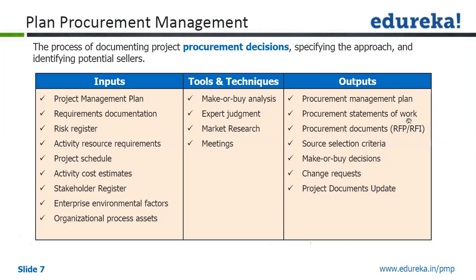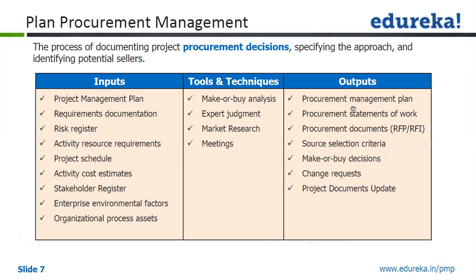That is procurement statement of work, SOW, which we have seen becoming input to our initiating process, develop project charter. SOW becomes input to the performing organization's project. Here I am assuming that when I am doing the plan procurement, I am a buyer. Let me clarify that.